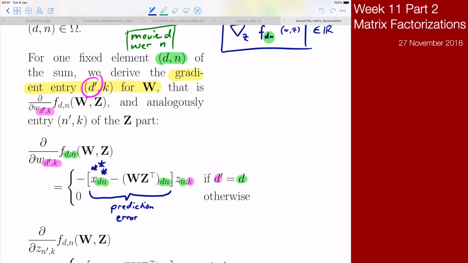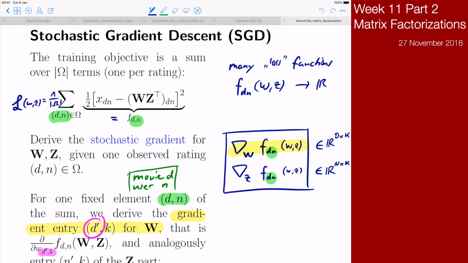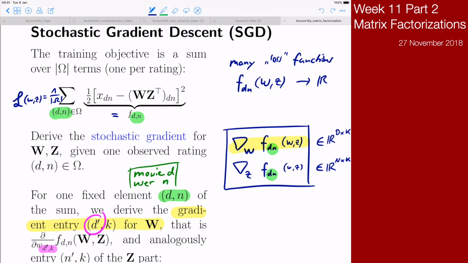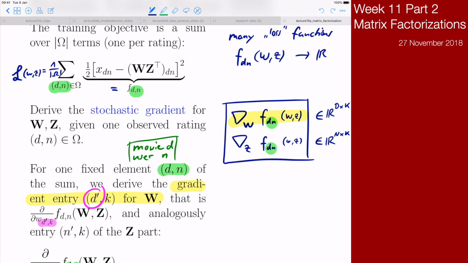So this is the case if we're actually asking what's the entry at that row. The row is called d prime, where if that happens to be the same row that we have chosen to care about, if d prime is equal to d, then we see that this prediction here actually depends on the dth row of W and on the nth column of Z transpose.